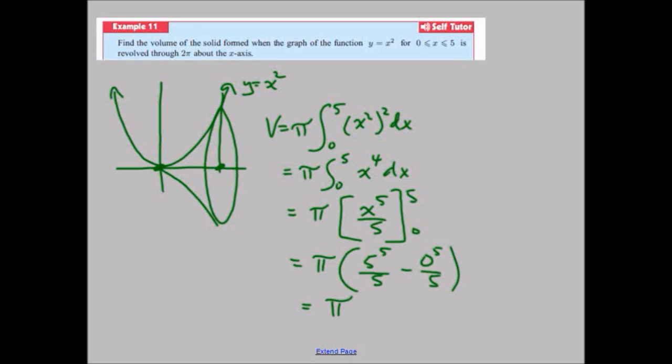So pi times, just simplifying that, that will be 5 to the power of 4, which is 625, and pi. What are our units? It's a volume, so units cubed.